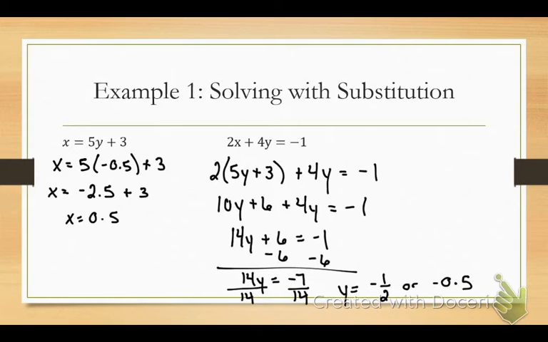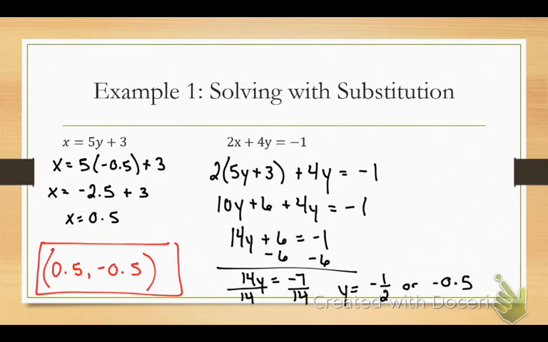So I did all this work, and now what is my solution? What's my ordered pair? 0.5 and negative 0.5. Put it in an ordered pair. If you do it as fractions, that's fine also.